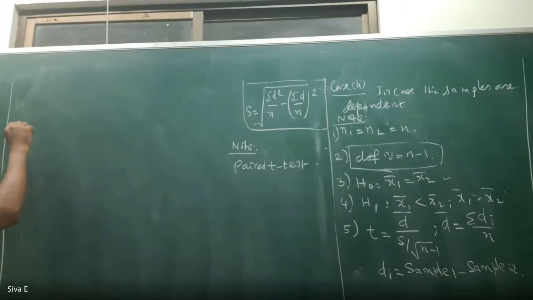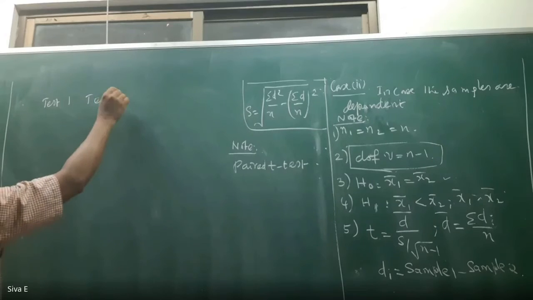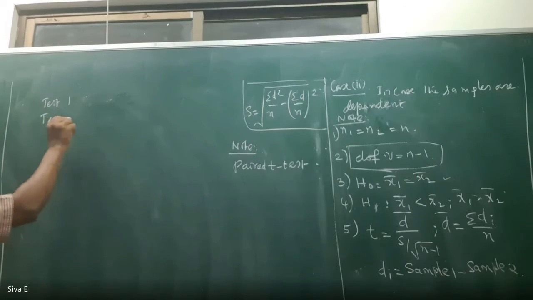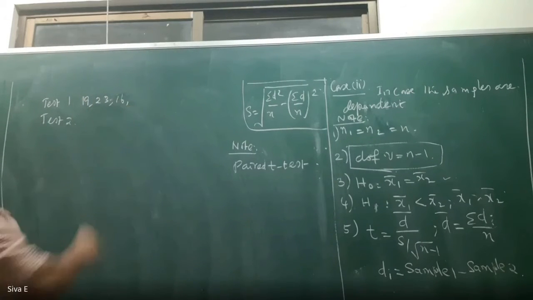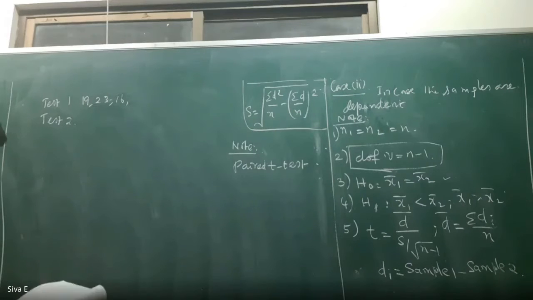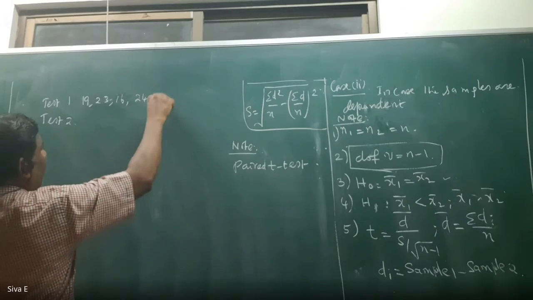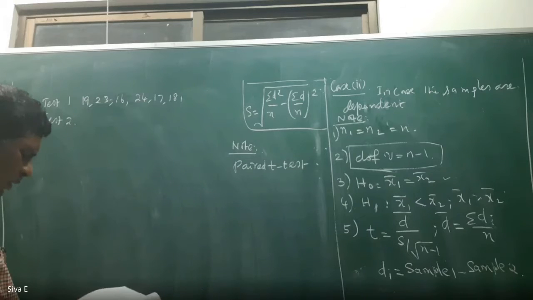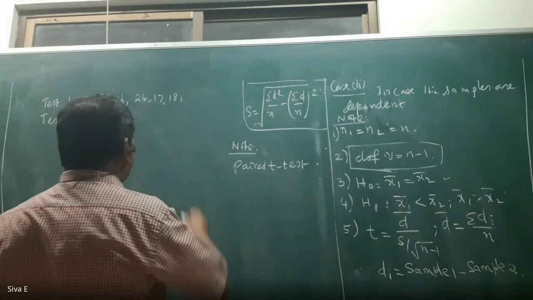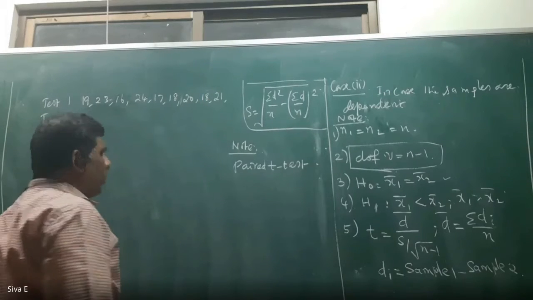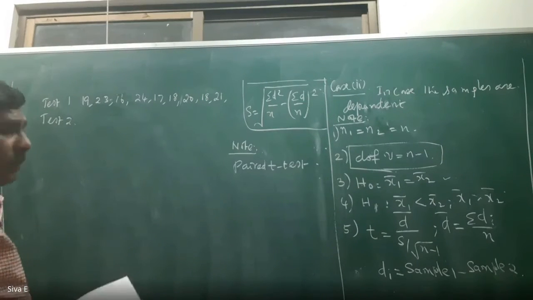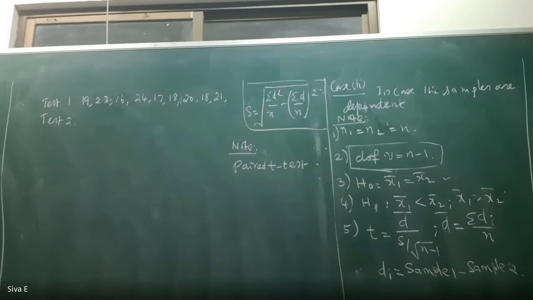Test 1, test 2. Test 1 values are 19, 23, 16, 24, 17, 18, 20, 18, 21, 19, 20.